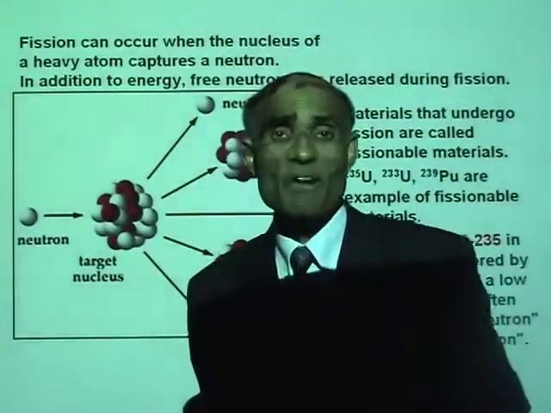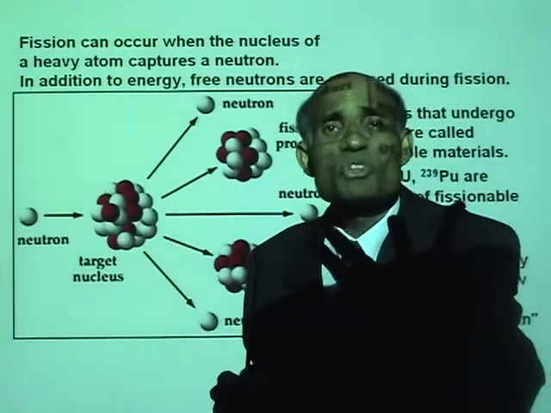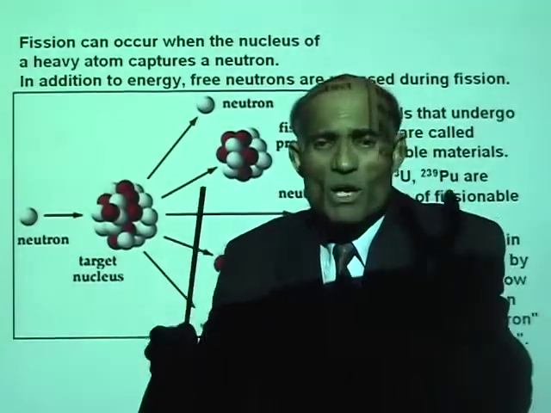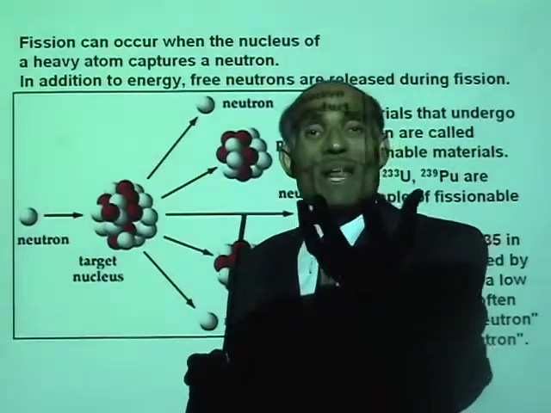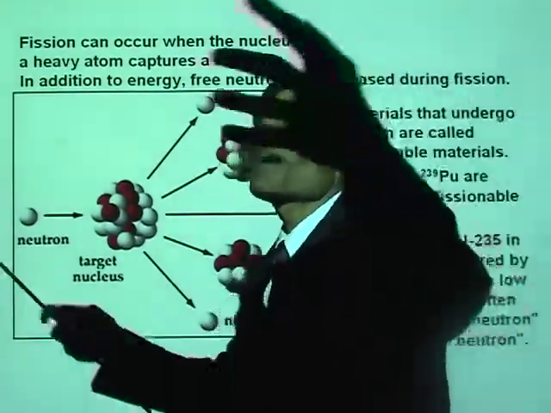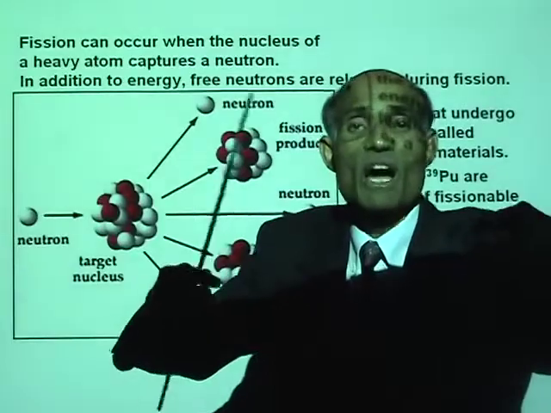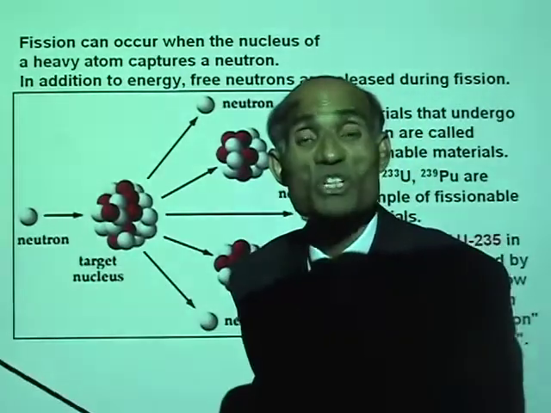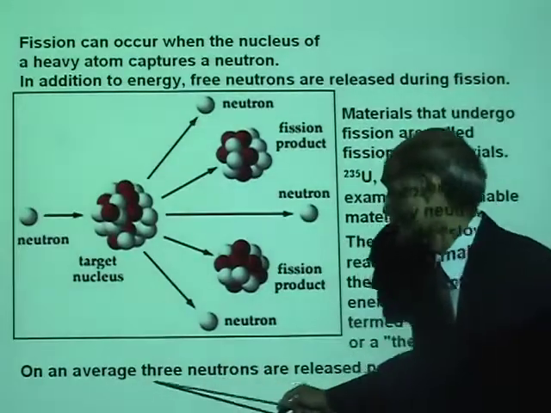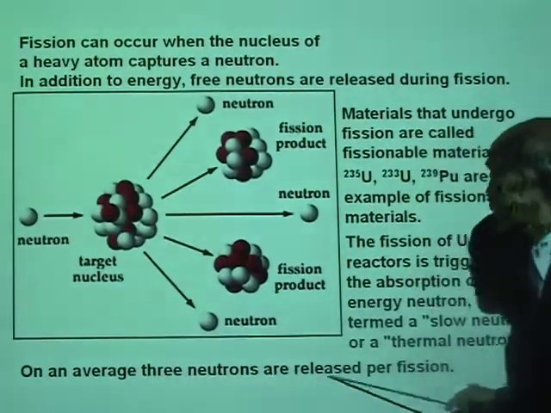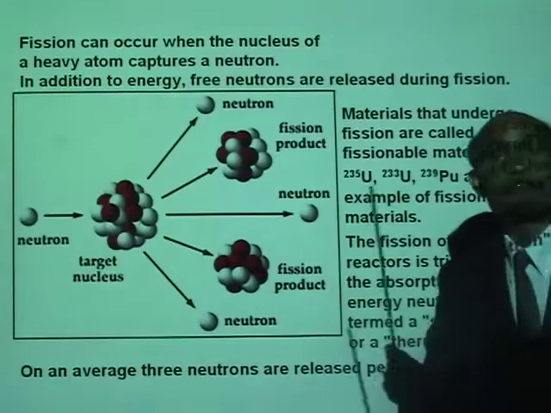In fact, if I keep a lump of uranium-235 here, it will absorb a neutron from the surrounding and will undergo fission spontaneously. On an average, 3 neutrons are released per fission.